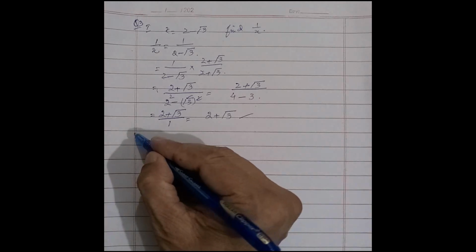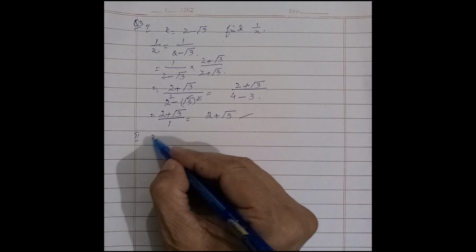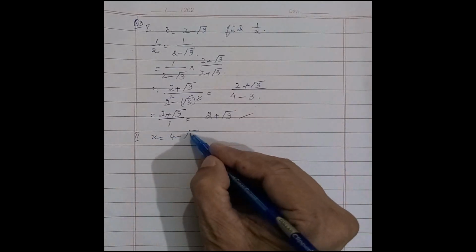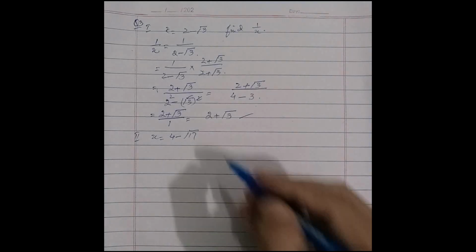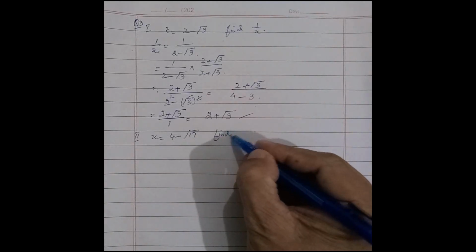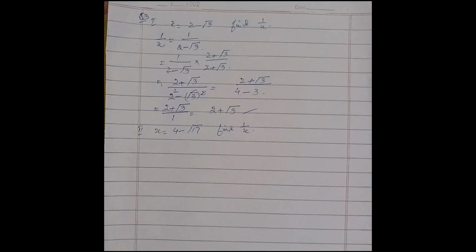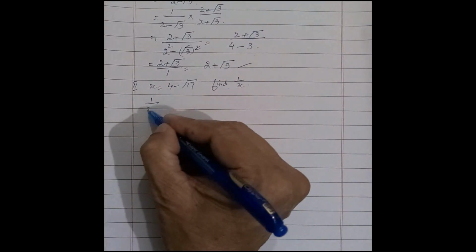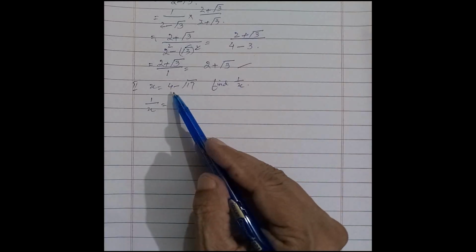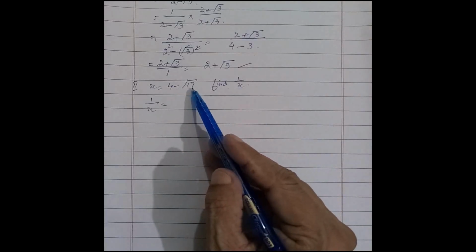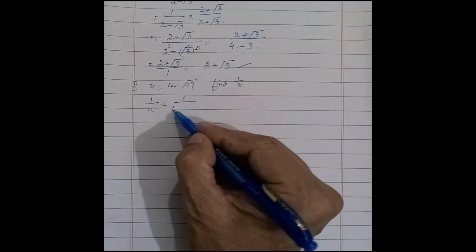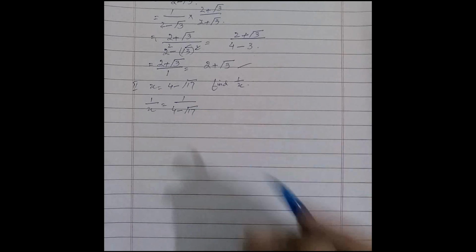And the second part is x is equal to 4 minus square root 17, and find the value of 1 over x. So we take the reciprocal of x, which is 1 over x, and on the other hand we have 4 minus square root 17, and take the reciprocal of 4 minus square root 17, which is 1 over 4 minus square root 17.